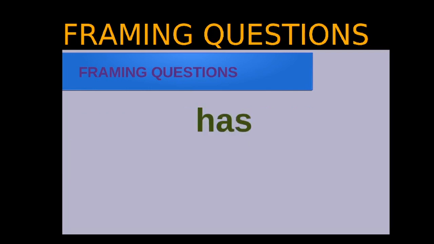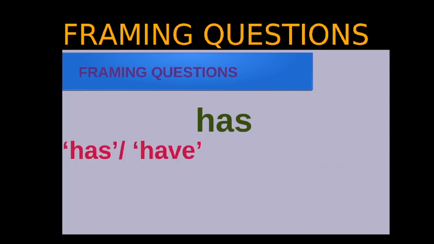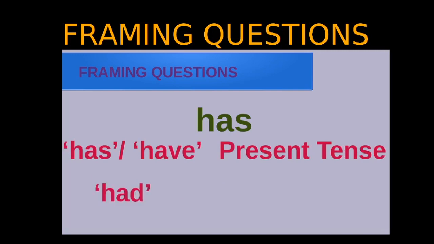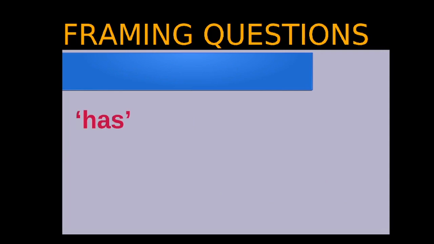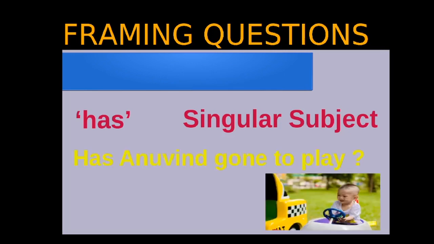Coming to the next helping verb, has. The forms of has are has, have and had. Has and have are present tense and had is past tense. So has is used with a singular subject. Has Anuvind gone to play?